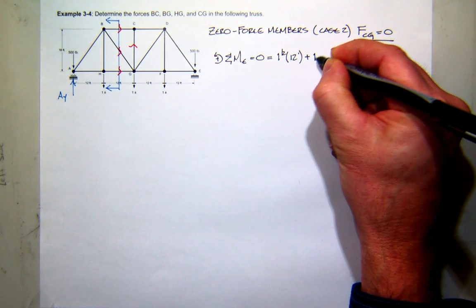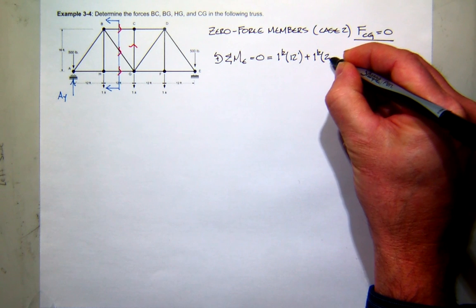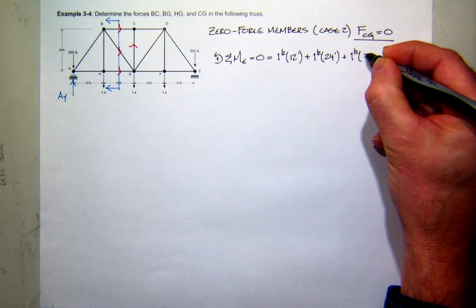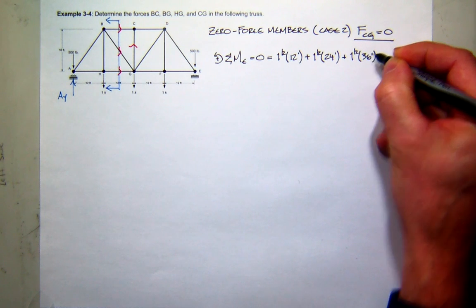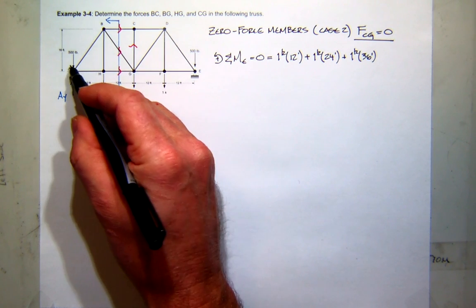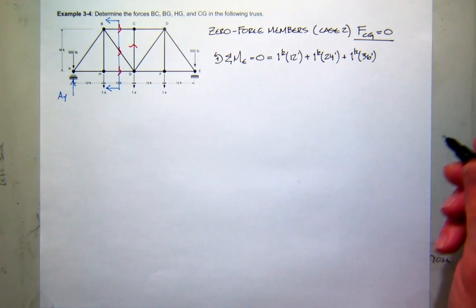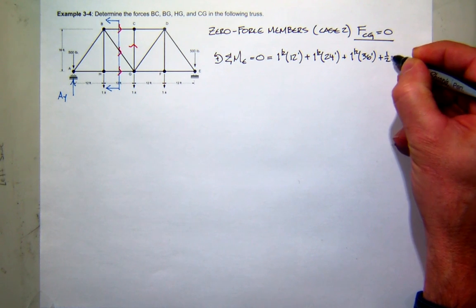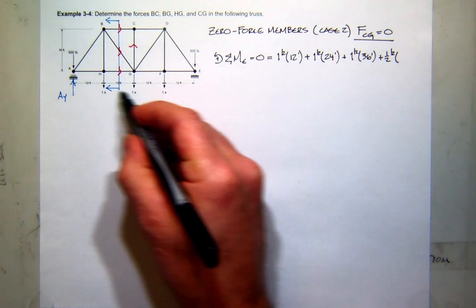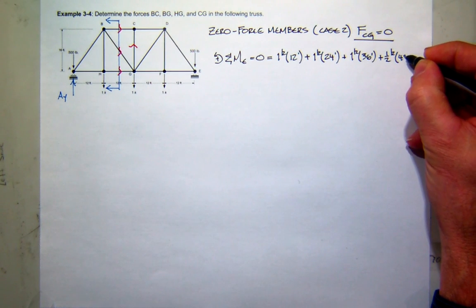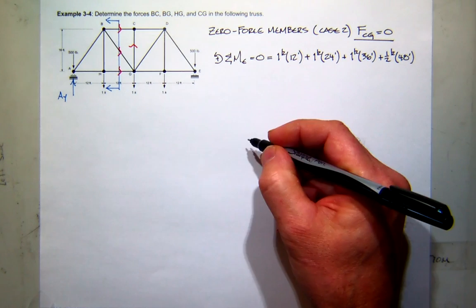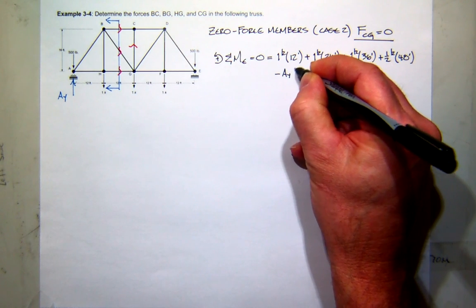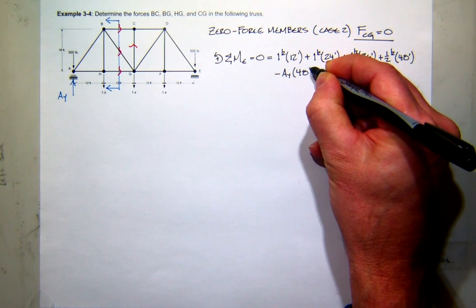The second one is 1 kip with a moment arm of 24 feet. And then the third one, 1 kip with a moment arm of 36 feet. That accounts for these 3. What about this 500? Well, that's also positive. And that'll be half a kip. And its moment arm is 48 feet. And then I have AY, which creates negative moment, also with a moment arm of 48 feet.